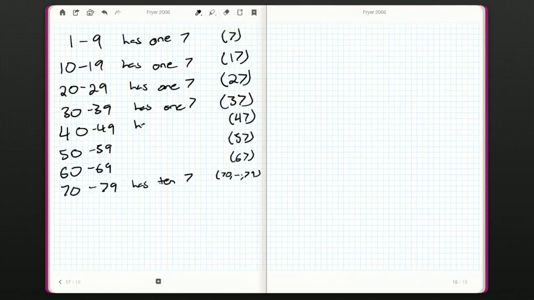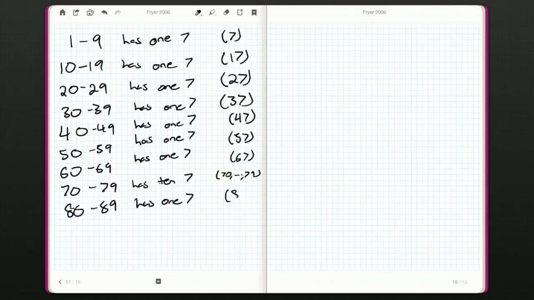We'll fill this in a little bit more, and then we'll get back to the 80s. Alright. 80 to 89 has exactly 1 seven, 87.